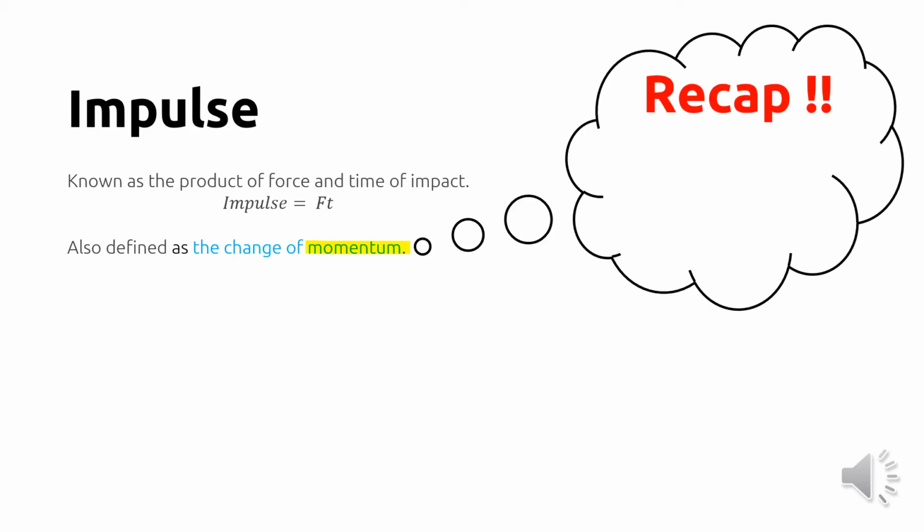Don't worry, let's recap. According to the previous subtopic, momentum is known as P. It is defined as the product of mass and velocity. The formula of momentum is P equal to m times v, where m is mass and v is velocity.